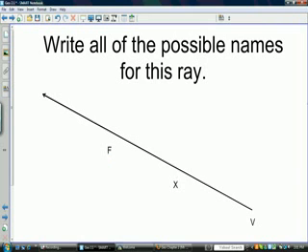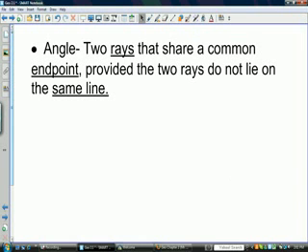Now the possible names for this ray, we could start at V, we could say VX, we could say VF, but we couldn't do it the other way. And we couldn't say XF because XF would start here and it wouldn't be the full ray. So these are the only two names we could use to name this ray.